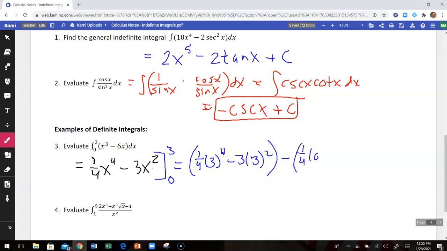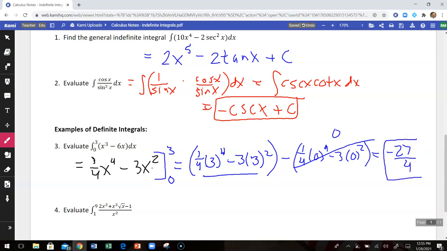So 1/4 of 0 to the 4th minus 3 times 0 squared. If you evaluate that, this is all 0 because we're plugging 0 into a polynomial. So we essentially just need to evaluate this part, which gives us negative 27/4.